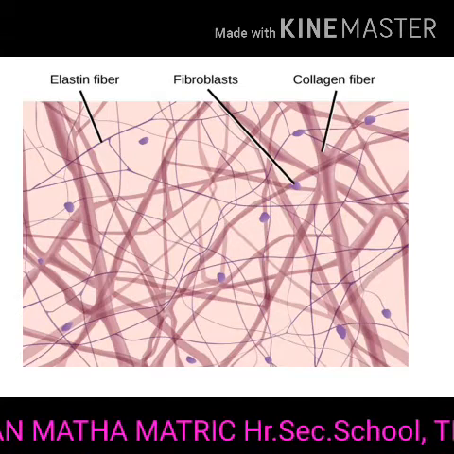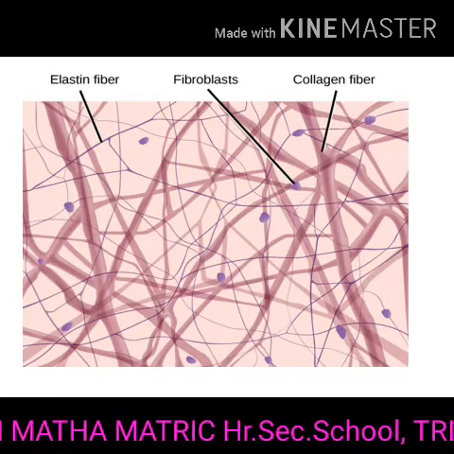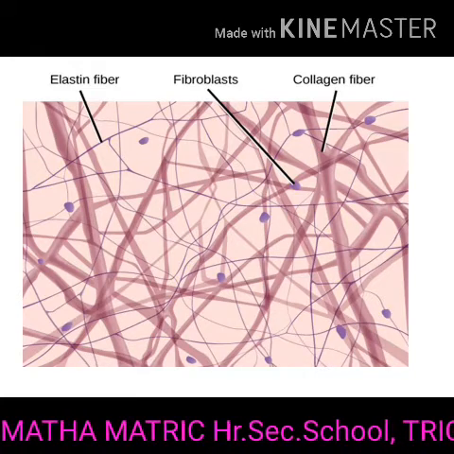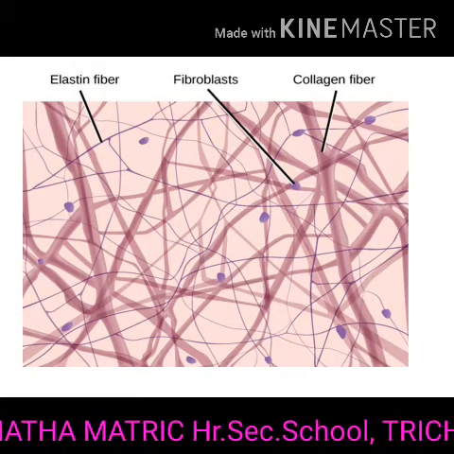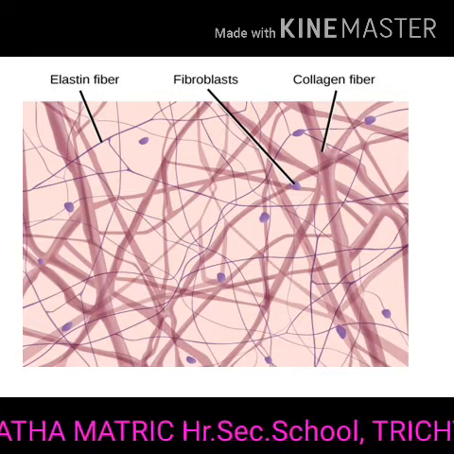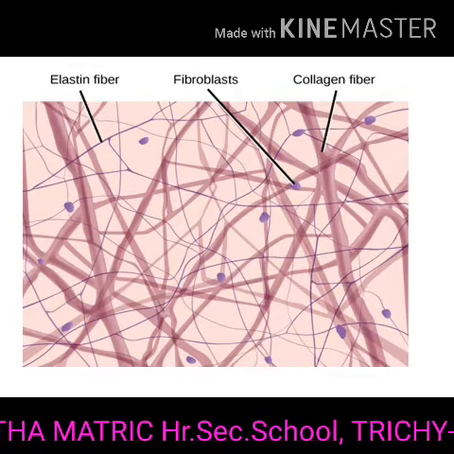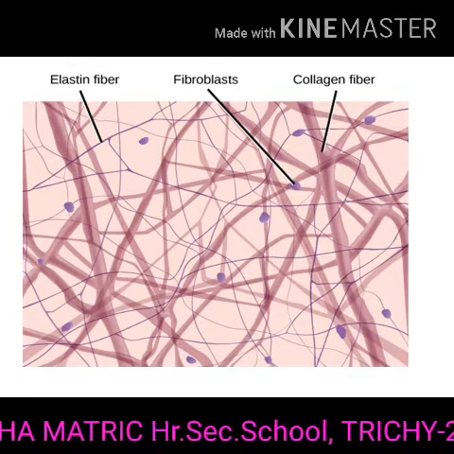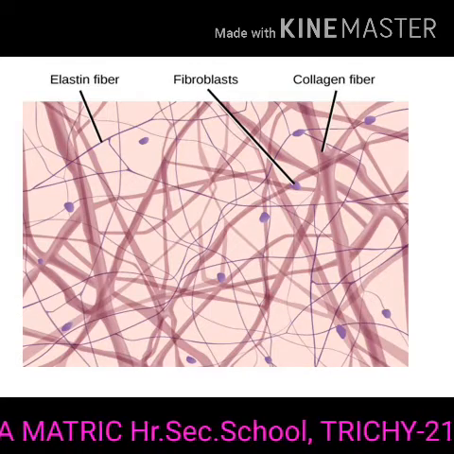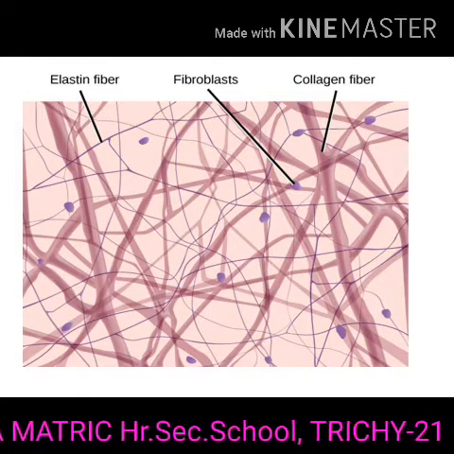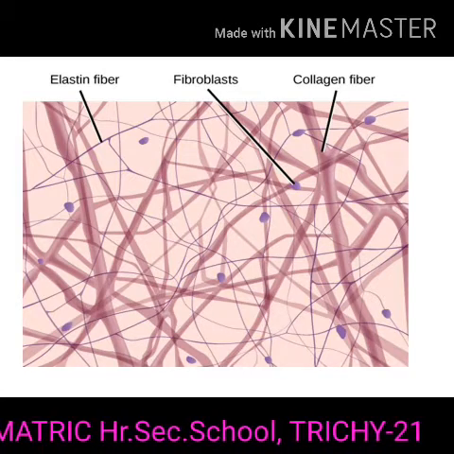Areolar tissue. It has cells and fibers loosely arranged in a semi-fluid ground substance called matrix. It takes the form of fine threads crossing each other in every direction, leaving small spaces called areolae.